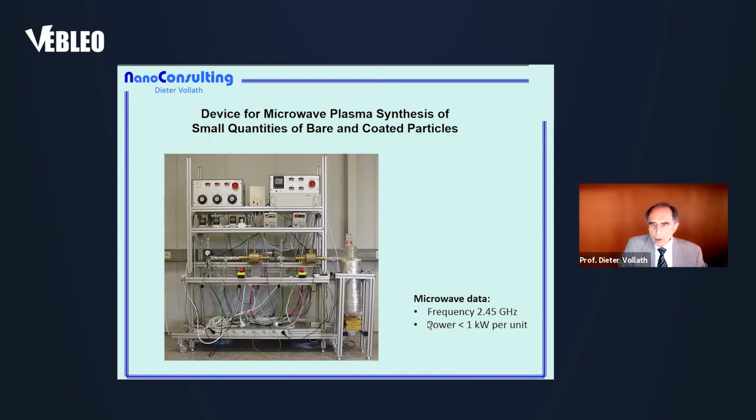This is a small equipment. Here one uses the so-called kitchen frequency, 2.45 gigahertz, and the power is significantly less than 1 kilowatt per unit. In most cases, let me say roughly 500 watt per reaction unit is sufficient.